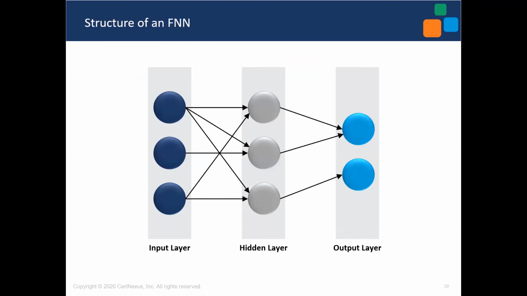So this is how a feed forward neural network is shaped. If you look at it, it's going to move from left to right. We have that input layer where we're inputting information, those hidden layers where we have that computational power, if you'd like, and then we have the output layer.